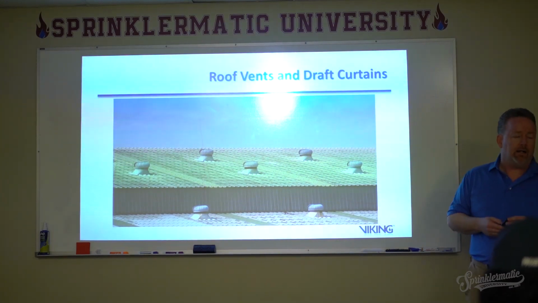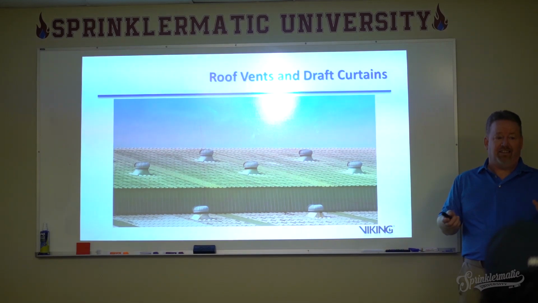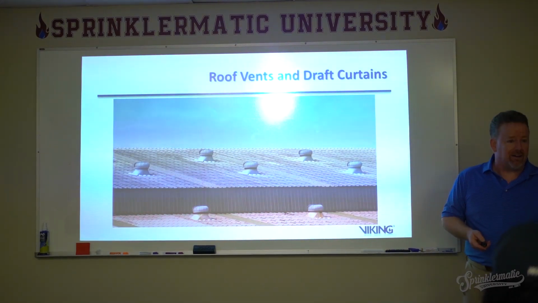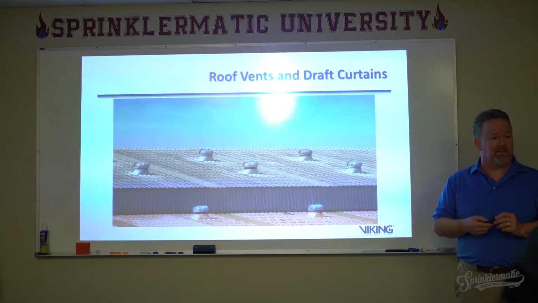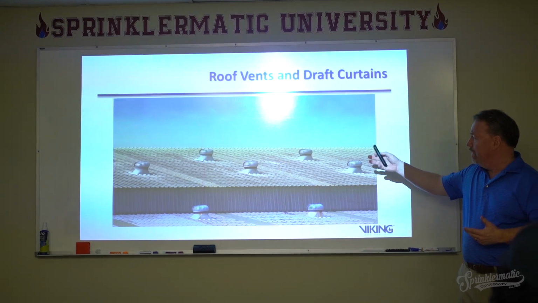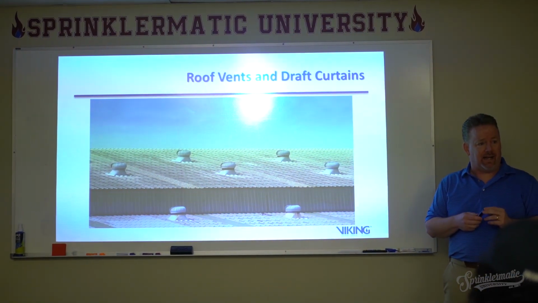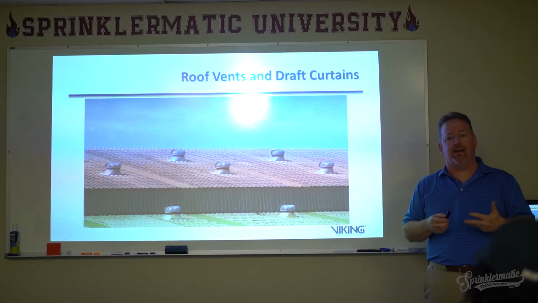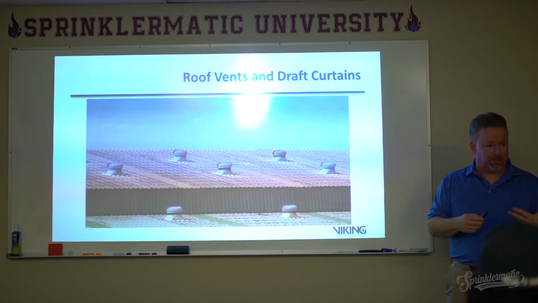Why? What do roof vents do? They vent the hot air. And what do we need? We need the hot air to activate our sprinklers. So if vents are operating and taking away that hot air, sprinklers may go off where we didn't intend them to.